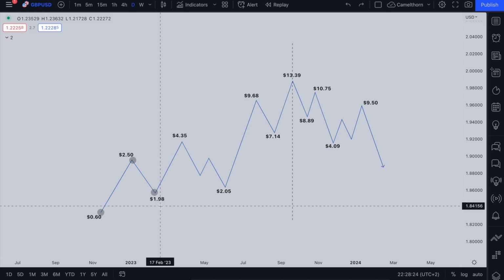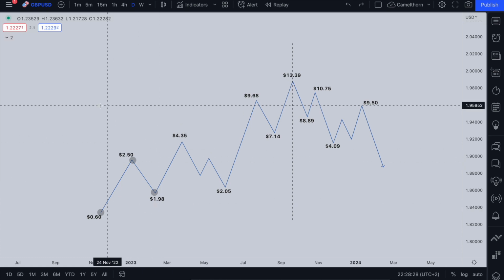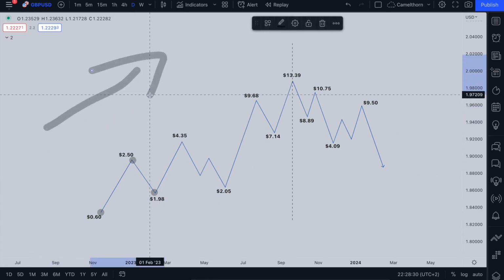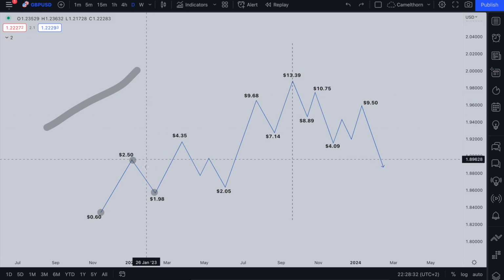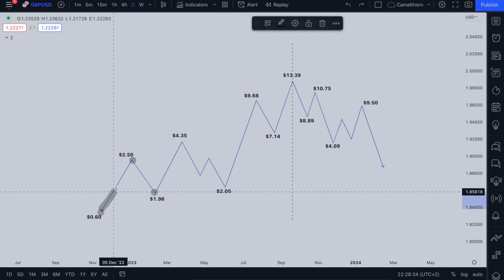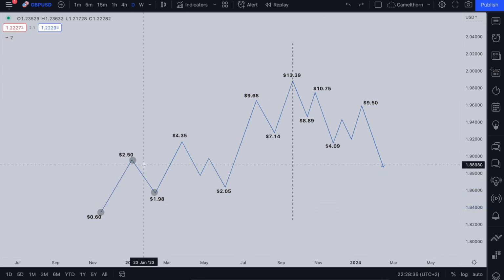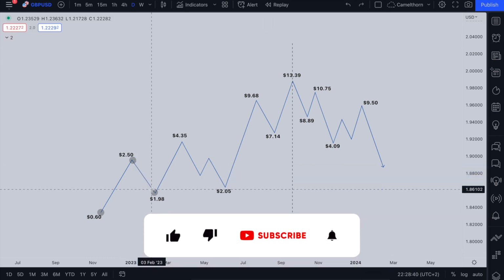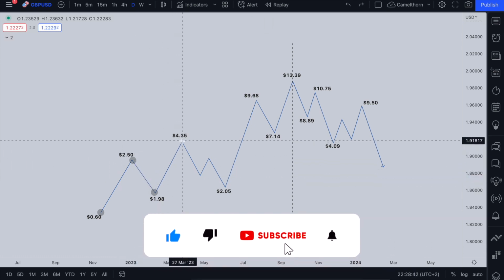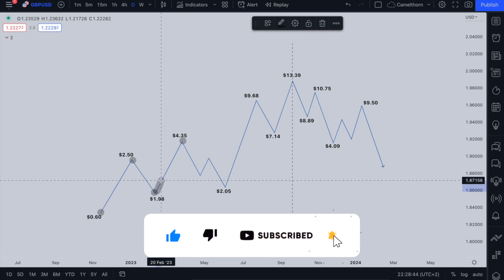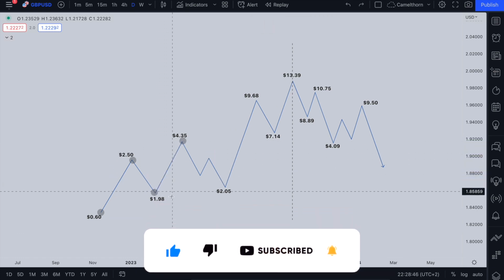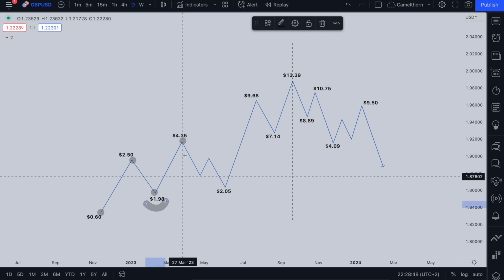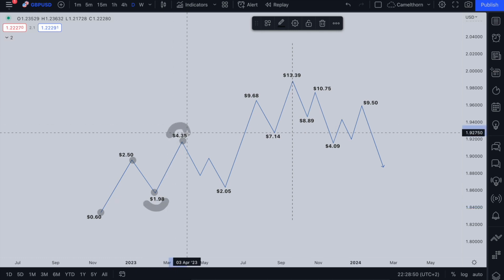So the way I like to think of impulses and corrections when we are looking at a bullish phase in the market is your impulses increase price, okay, and your corrections decrease price. Does that make sense? So you'll see that our next leg is going to be a nice impulse because it takes price from $1.98 to $4.35.